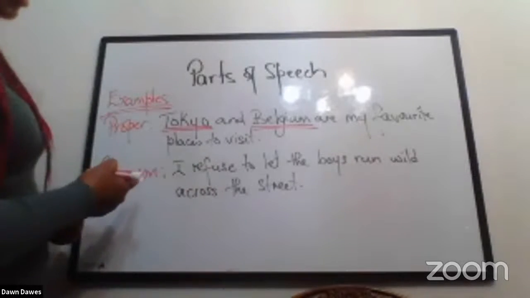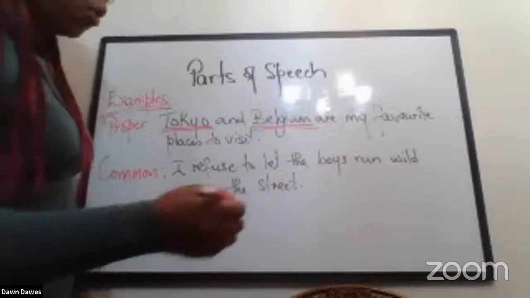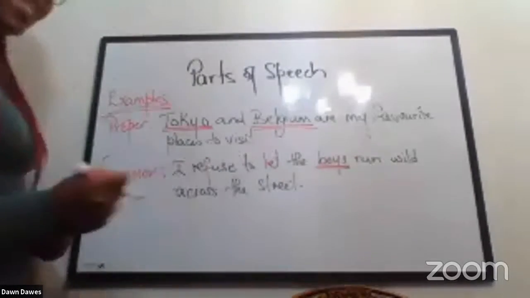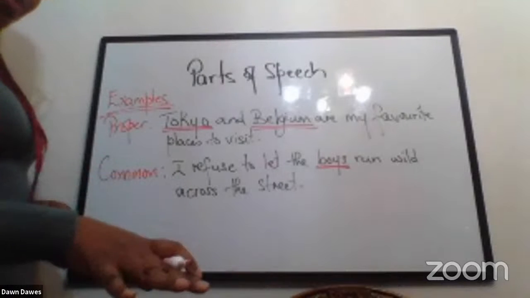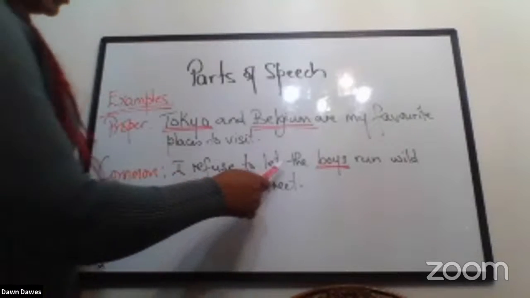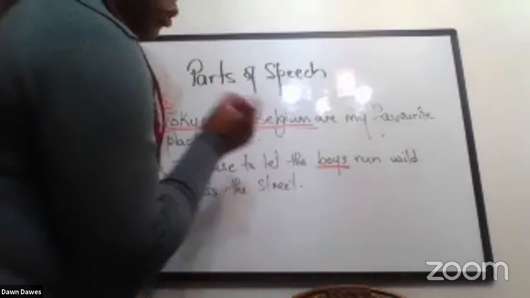And you know what? I think I may use these two right here for something else. So, boys. And do we have any more common nouns in this sentence? Let us see. I refuse to let the boys run wild across the street. Street.